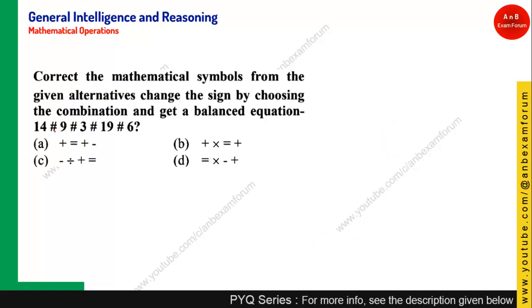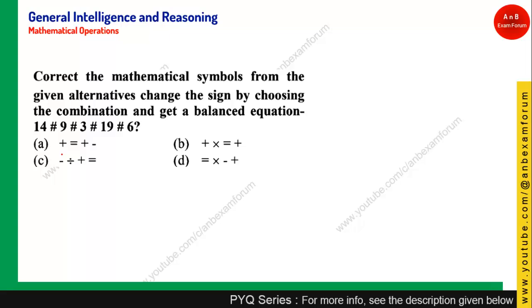Let's see the next question. Here again you need to balance the equation based on the symbols given in the option. You can start with option D. So 14 equal to 9 multiplied by 3 minus 19 plus 6.